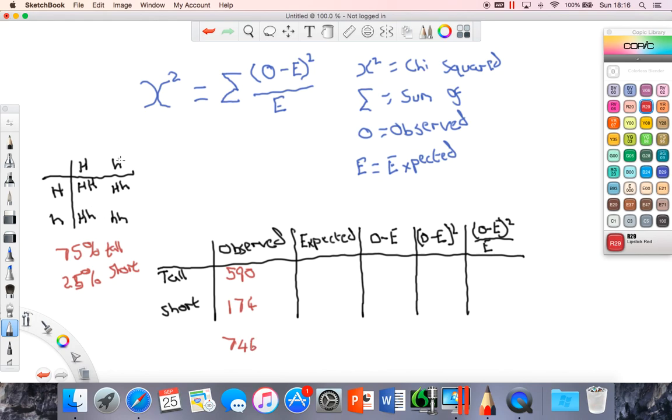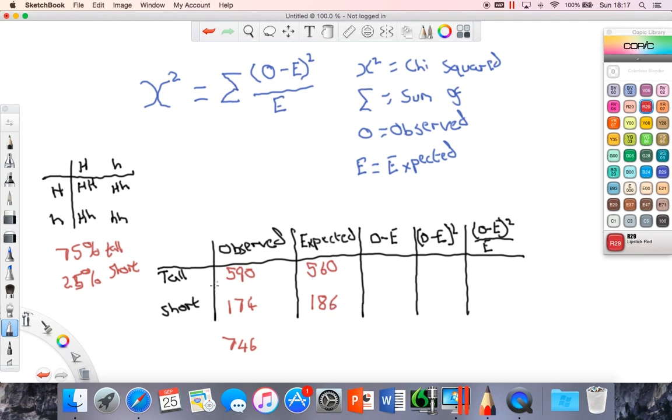Now, we said earlier, by doing our monohybrid cross, that we would expect that 75% would be tall and 25% would be short. However, 75% of 746 equals 560. Okay? So our expected would be 560, whereas our observed would be 590. So for our short plants, our expected would have been 186.